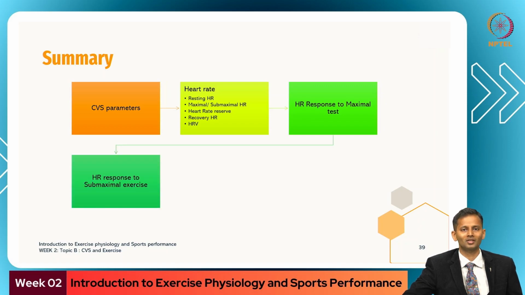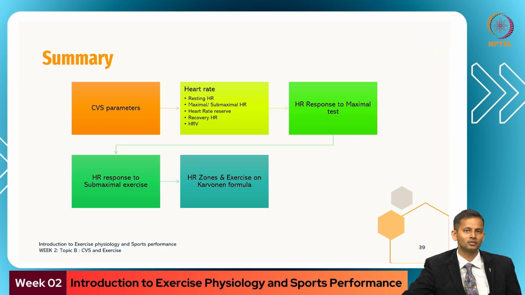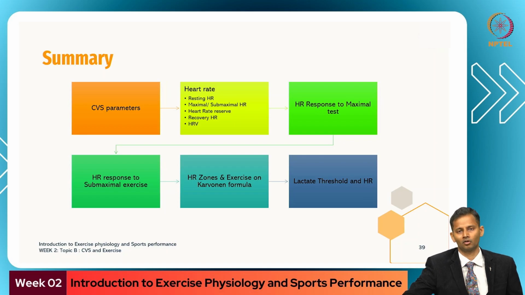Then we saw the submaximal exercise, wherein I showed a graph of an Astrand cycle ergometer test done on an athlete, and how the submaximal heart rate was useful in predicting the maximal oxygen uptake. Thereafter, we saw the different heart rate zones and two different exercises using the Karvonen formula, and also the application of heart rate and the lactate threshold in exercise prescription and further assessment.